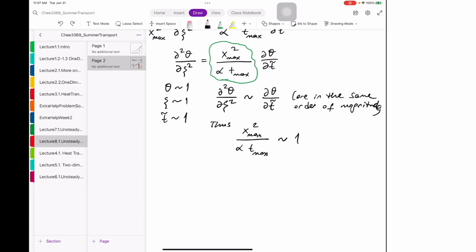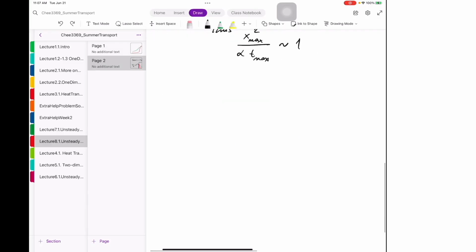So no matter how much time elapsed, you can think of this x max squared over alpha t max within the same order of magnitude. In other words, x max squared is in the same order of magnitude as alpha t max.